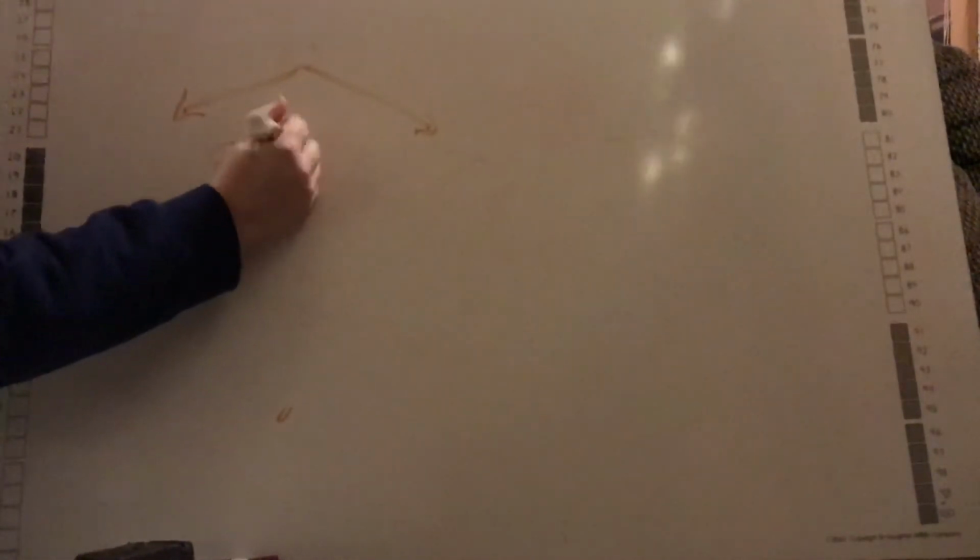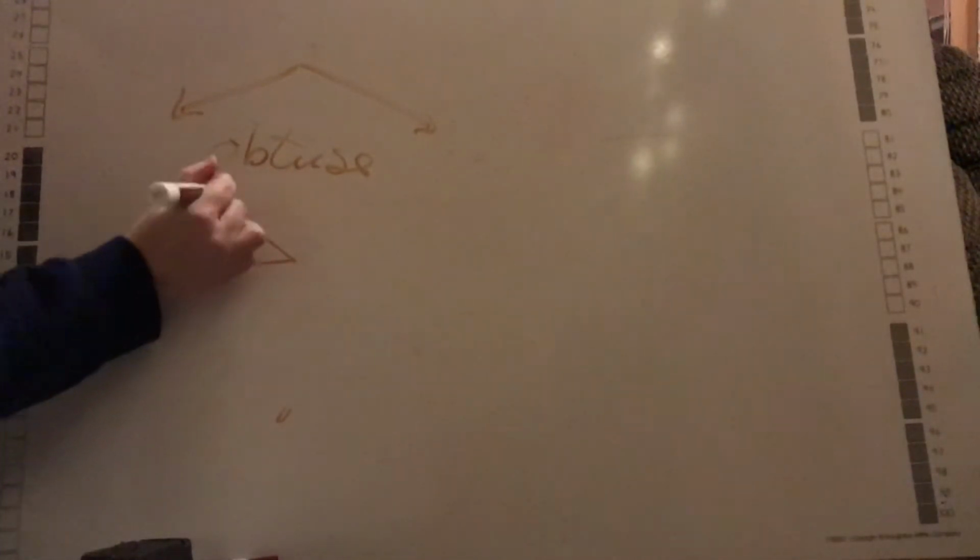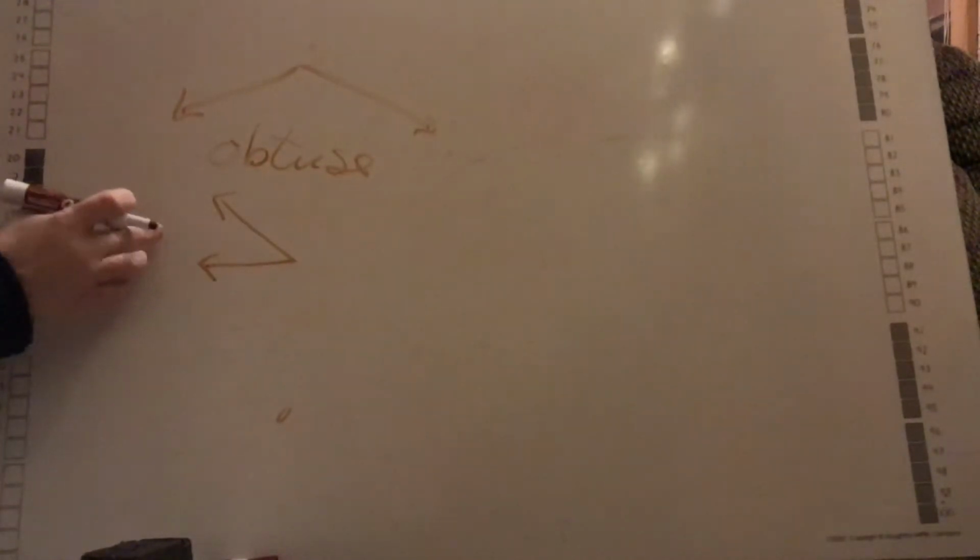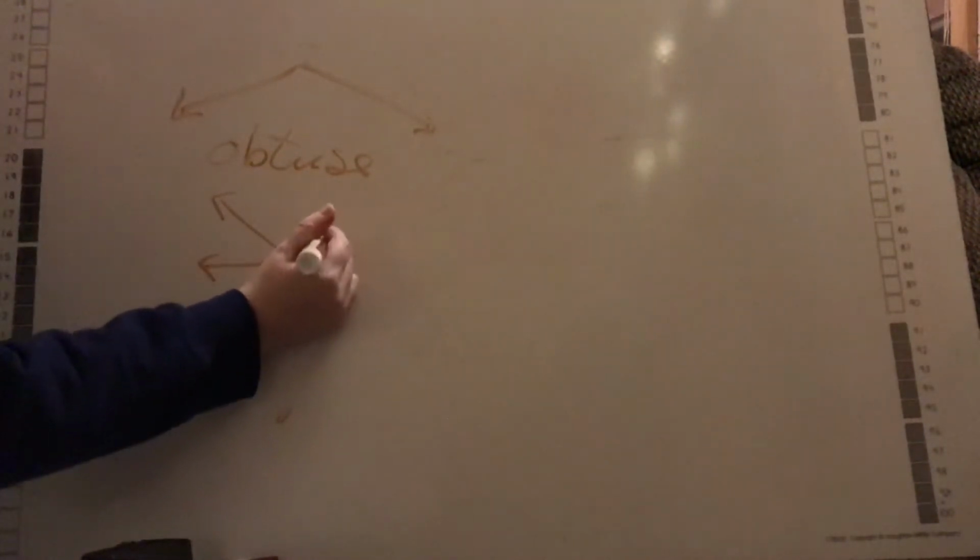So we can look at that and say it's probably obtuse, because it's definitely larger than 90 degrees. Then the second one that they give us looks like this, and we know that it's not 90 degrees. We know that it's smaller than 90 degrees, so we will label that as acute, less than 90 degrees.